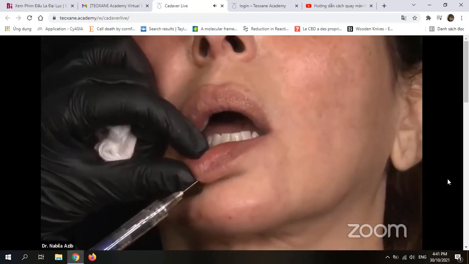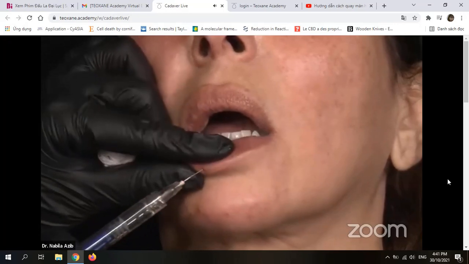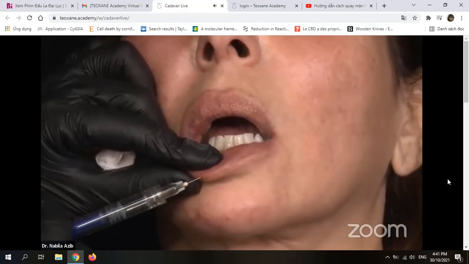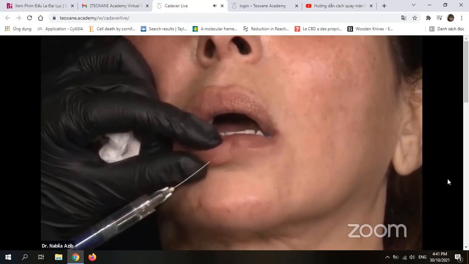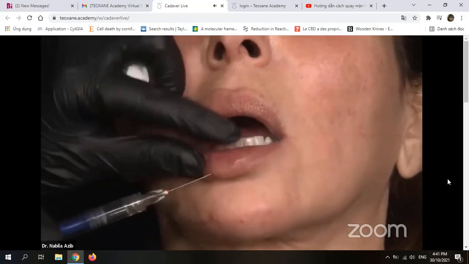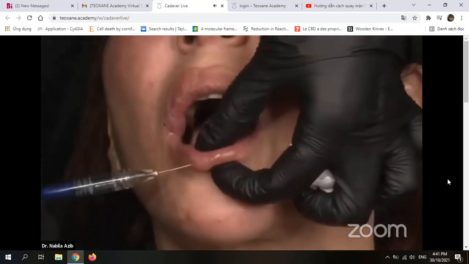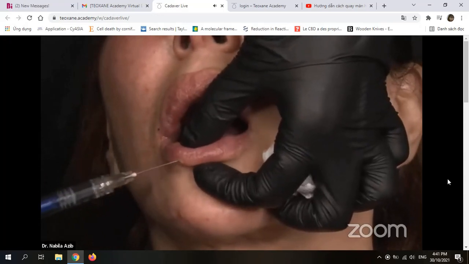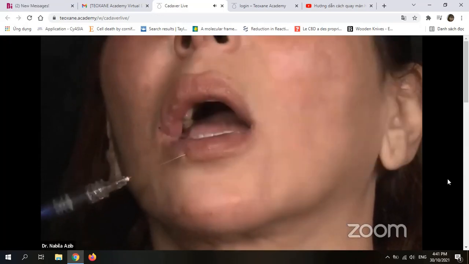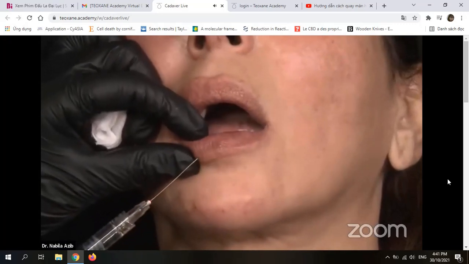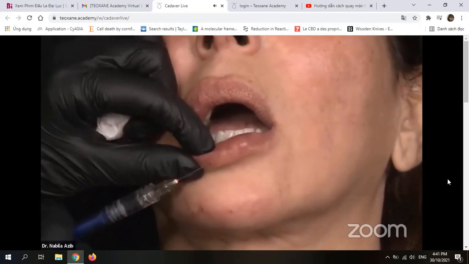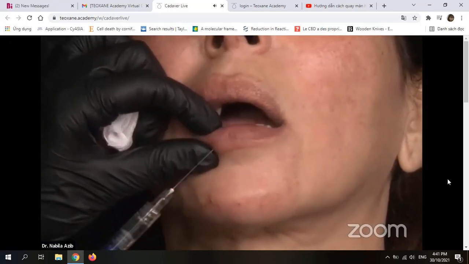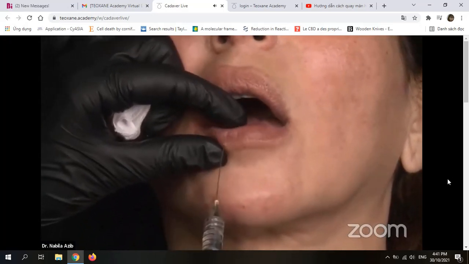I was using Teosyal Kiss before, and we still have patients who really want visible volume. So for that we can still inject it, but I found that with RHA 3 I already have nice volume, and I prefer not to have a heavy result using a stronger product for the lips.